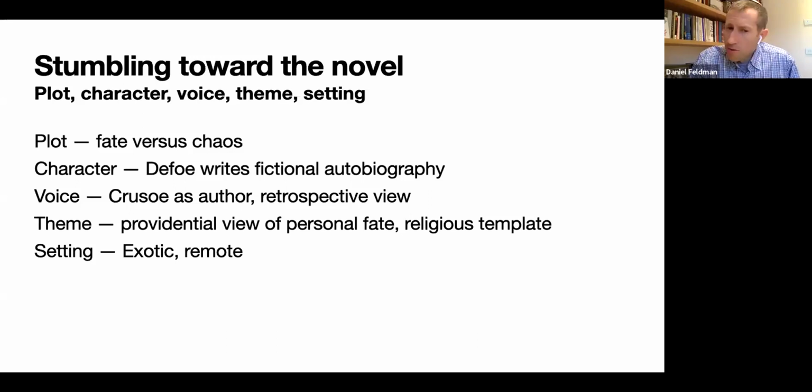Now, of course, this is still privileged. When they say all people, they really mean white men, especially British white men. Let's keep that in mind, and we'll see that today in the treatment of Friday.